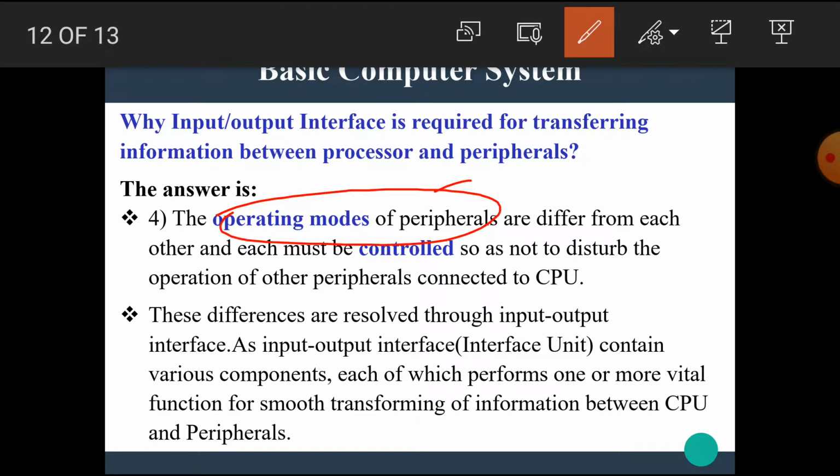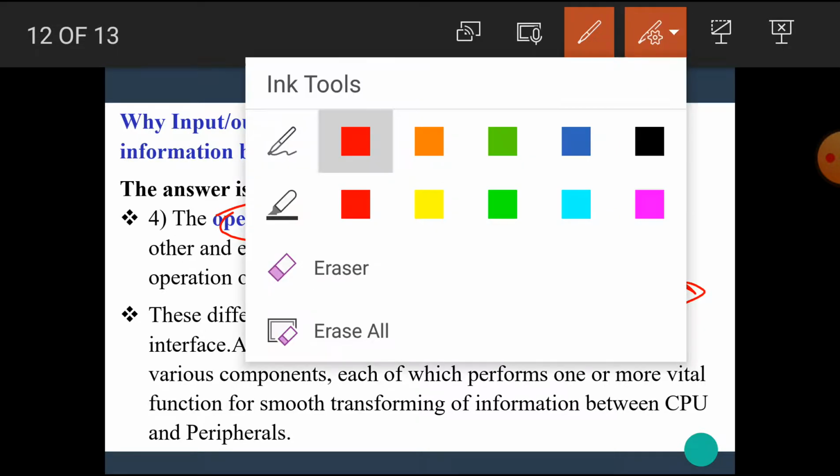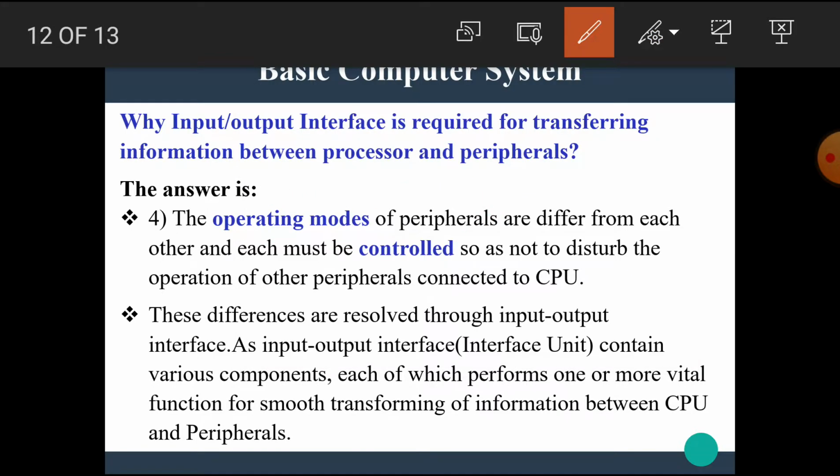It is possible that if one peripheral is active at the same time due to its engagement with the CPU, the other peripheral may not perform its work. But this is not our proper requirement. Hence, each peripheral must be controlled, and this control of the peripherals is performed by the input output interface.